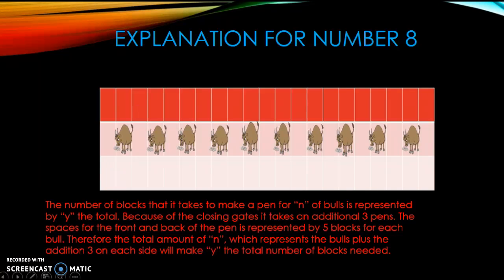The spaces for the front and back of the pen is represented by 5: 1, 2, 3, 4, 5. And 3, which is the closing. It takes 5 in order to surround a bull, and 3 for the closing. Therefore, the total number of n, which represents the bull, plus the additional 3 on each side, will make y, the total number of blocks needed.